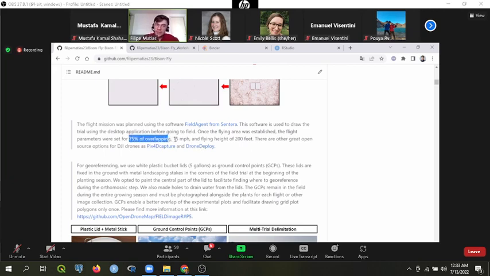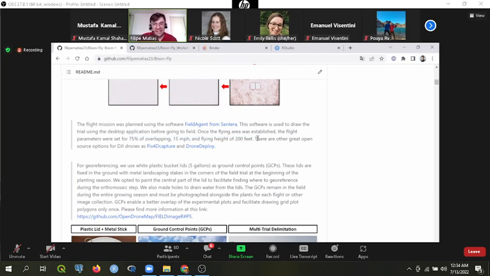And normally, if you do not know how to start or which parameters to use for collecting your first images, we recommend starting with these parameters here: 75% overlapping, 15 miles per hour, and 200 feet.